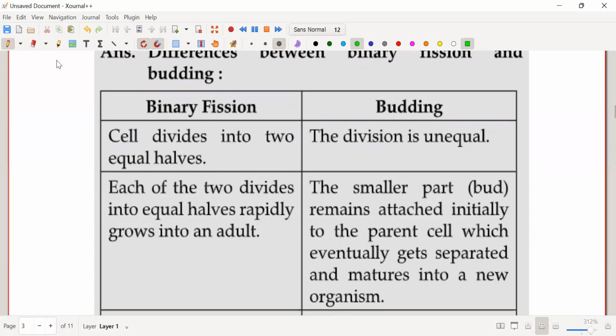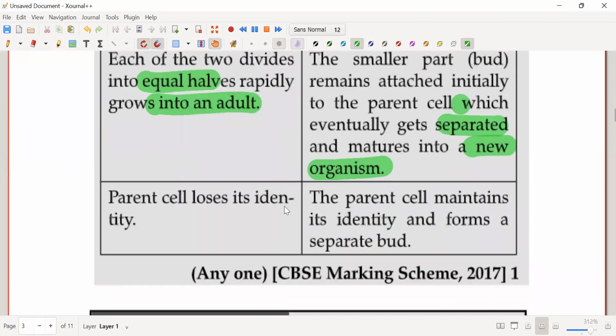The division is unequal in budding. In binary fission, each of the two divides into equal halves and rapidly grows into adults. In budding, the smaller part, the bud, remains attached initially to the parent cell, which eventually gets separated and matures into a new organism. This is not rapid. This is not fast.